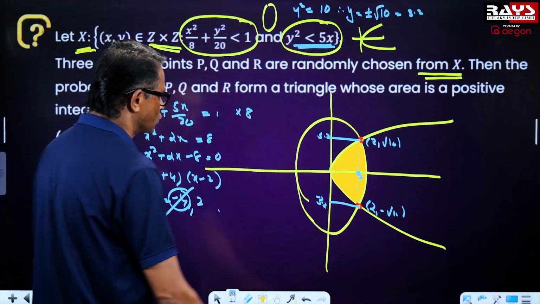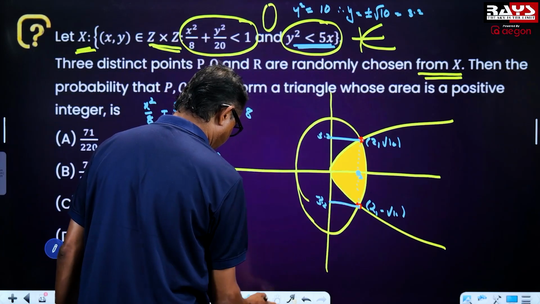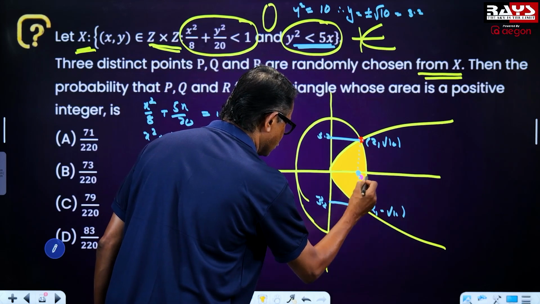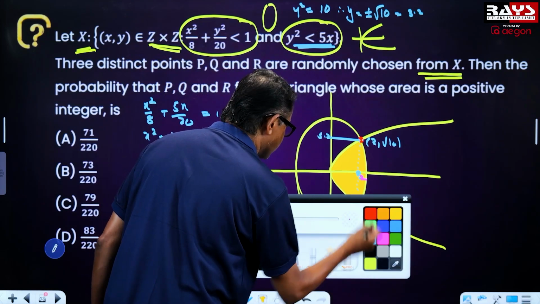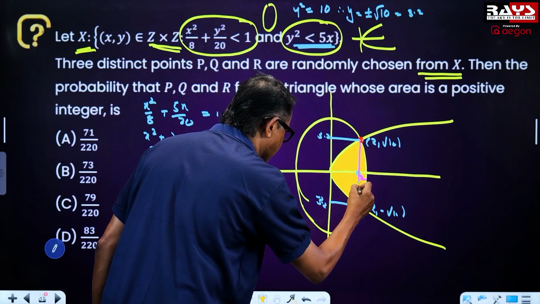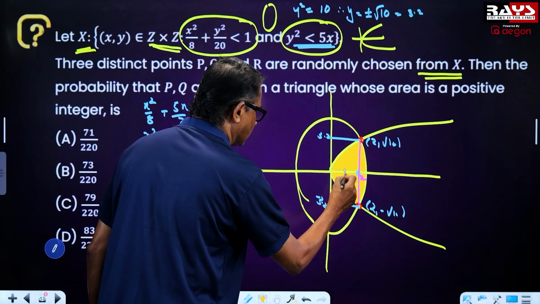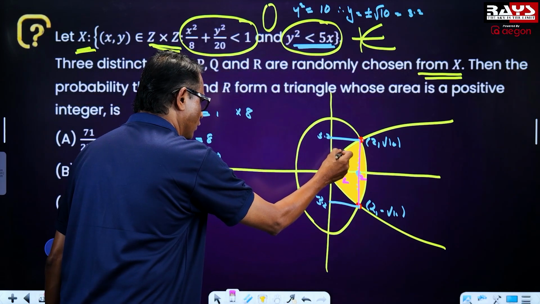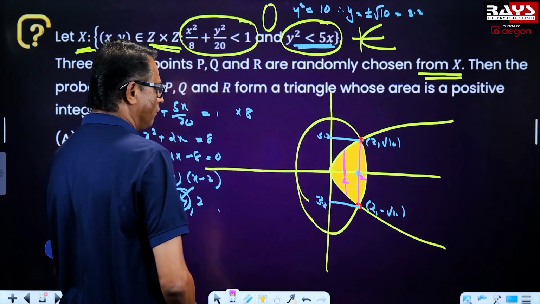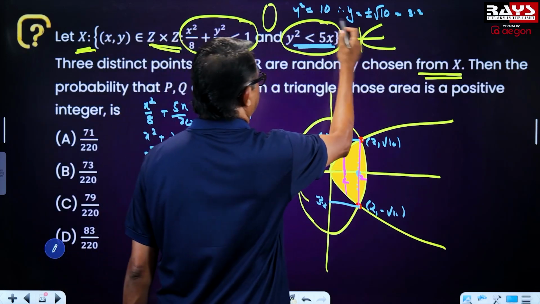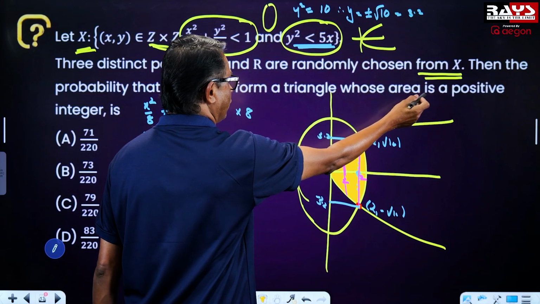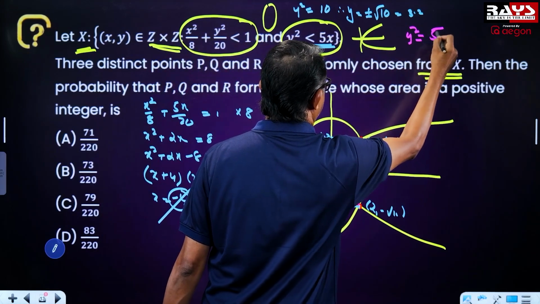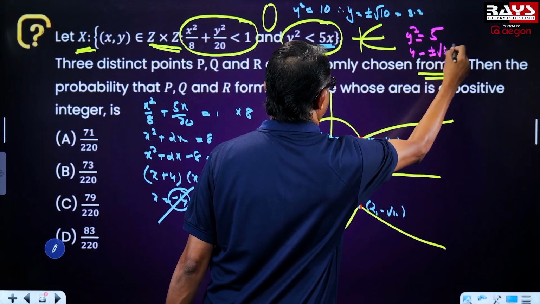And so this line I am drawing, this is 2, and obviously there is 1 here. When you draw a vertical line passing through 1, where does it meet the parabola? y square equal to 5 into 1, that is y square equal to 5, so y equal to plus or minus root 5.